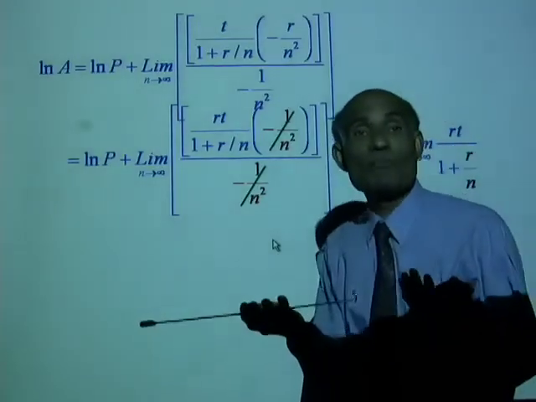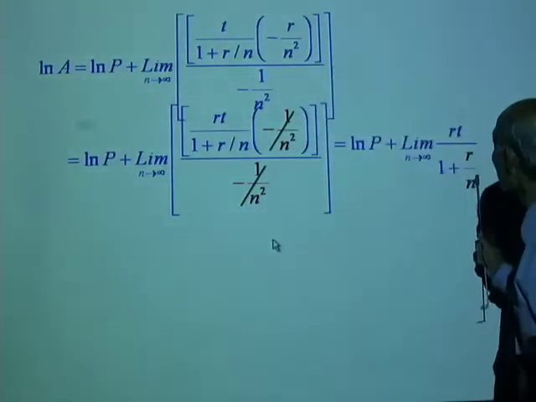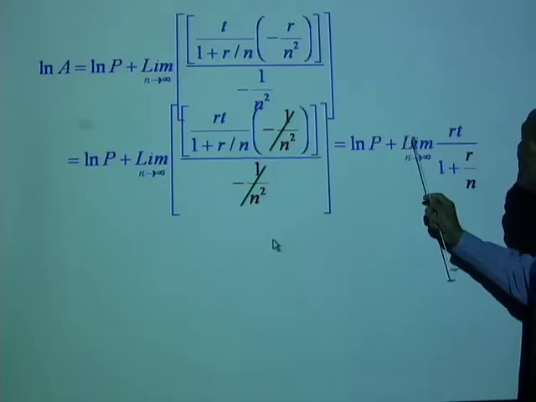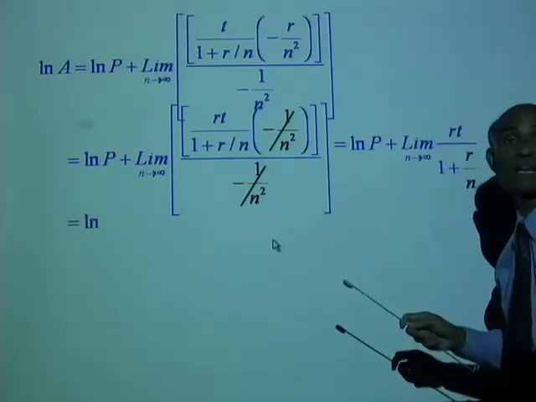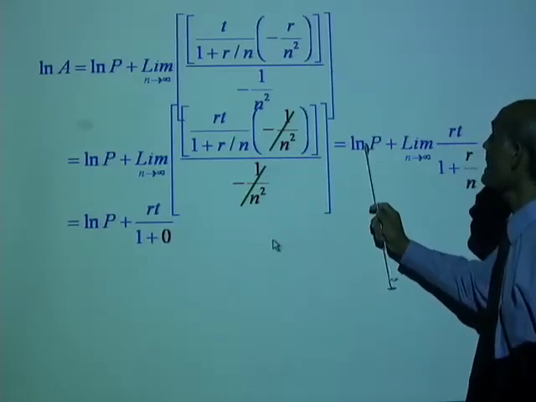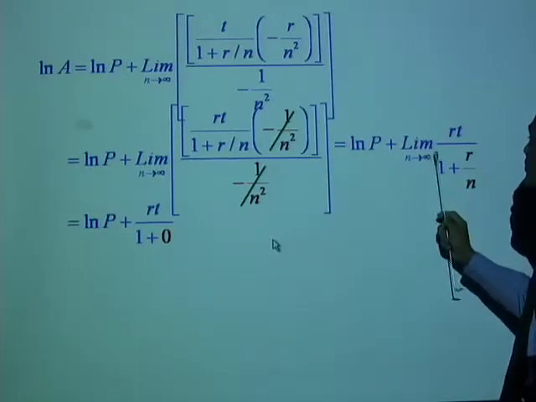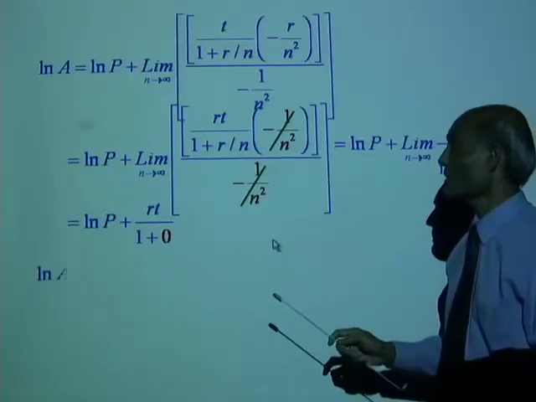When infinity comes on the denominator, the value becomes 0. So when you replace n by infinity, this will become 0. Therefore, the limiting value of this will be rt. There you go. So on the right side, we get ln p plus the limiting value of this when n is replaced by infinity.